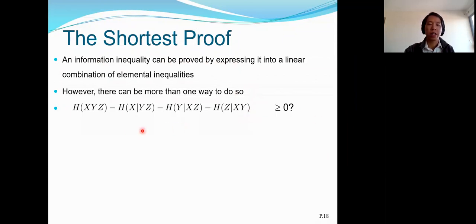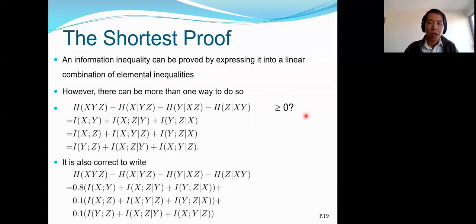Now, let's look at this example. Suppose we want to prove this information inequality. If we run the program, we find that it can be rewritten in 3 different ways in terms of the elemental inequalities.